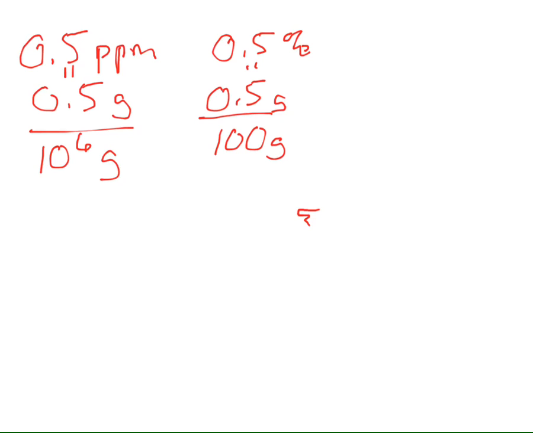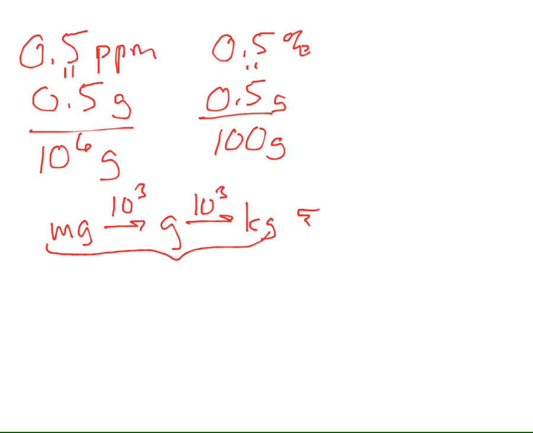Okay, well, why is that the same as saying milligrams per kilograms? Well, milligrams to grams, that is a 10 to the third difference. Grams to kilograms, that's another 10 to the third difference. So all together, this is a 10 to the sixth difference. So I'm saying from milligrams to kilograms, there's 1 million milligrams in a kilogram.